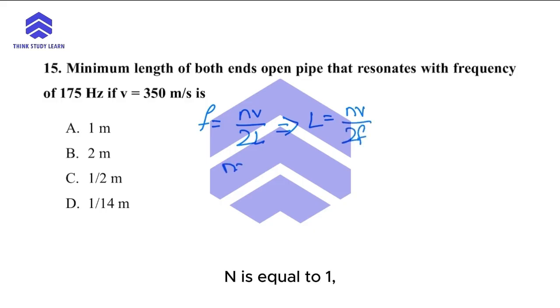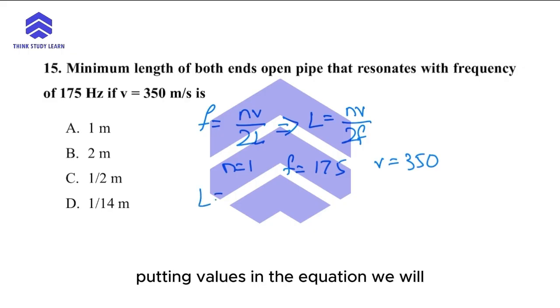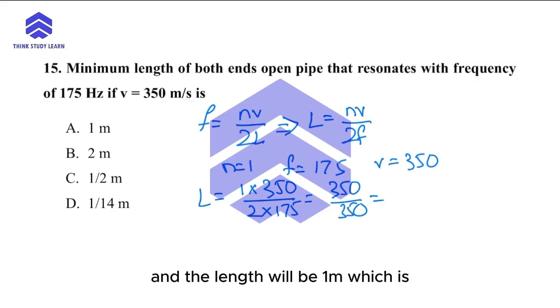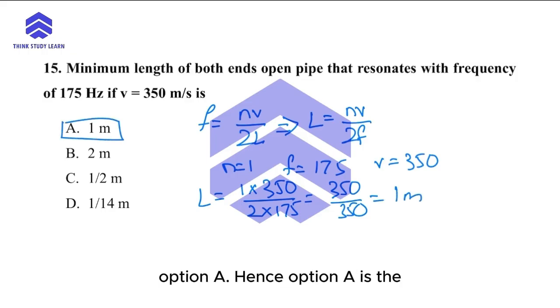Here, N is equal to 1, frequency is 175 Hz, velocity is 350. By putting values in the equation, we will get 1 into 350 divided by 2 into 175, which is equal to 350 divided by 350, and the length will be 1 meter, which is option A. Hence, option A is the correct answer.